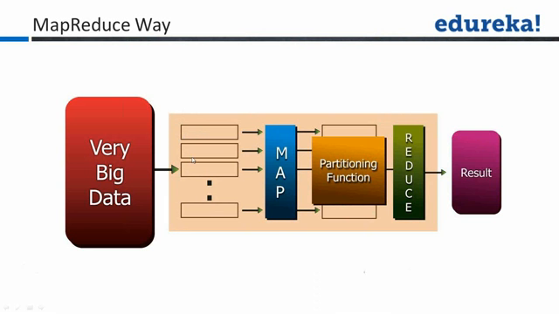All those things you had to think of are taken care of by the MapReduce framework. The map part happens, the partitioning function happens, we'll talk about partitioning also, the reduce part happens, and finally you get the result. So for your big data, how to split it and all those things, you don't have to worry about. The MapReduce framework takes care of that. How to schedule and run the jobs, the job tracker and the task tracker will take care of that. You remember the job tracker and the task tracker, right? Everyone remembers them?